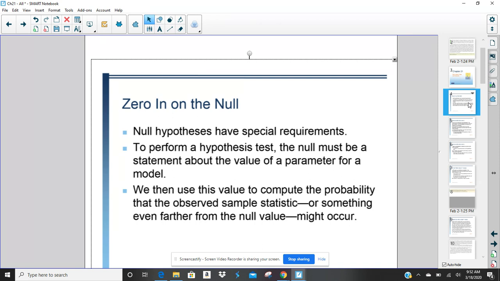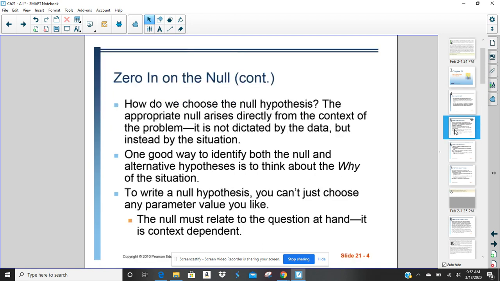That would be our p equals whatever the probability is, usually as a decimal, always as a decimal. Then we use that value to compute the probability that the observed sample statistic, what we did our sample of, might occur. So that is why we're using the null hypothesis.